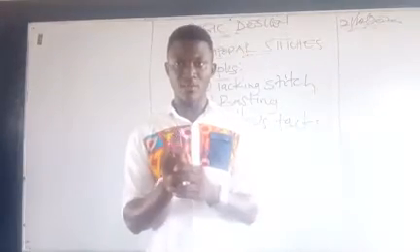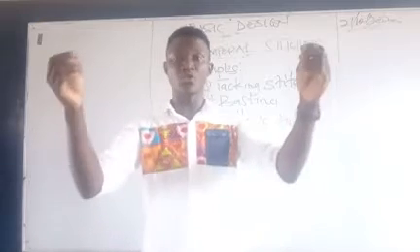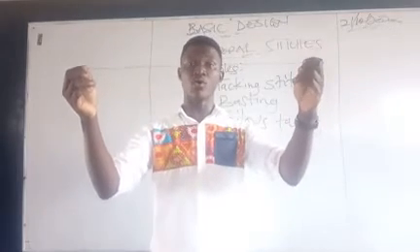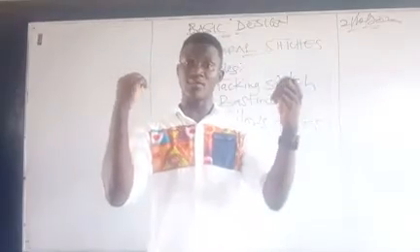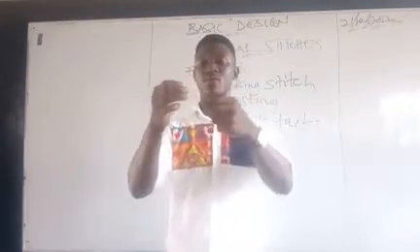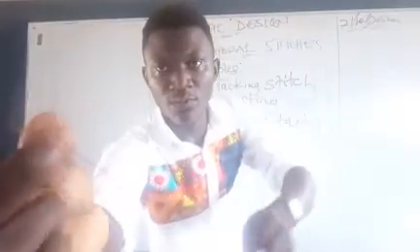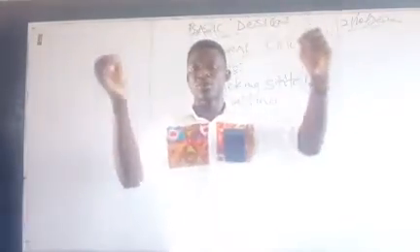This is my needle, and this needle is already threaded. Remember we spoke of threading the needle in our previous lessons. So you can see the needle and the thread, and from this angle you can see that it is already threaded.